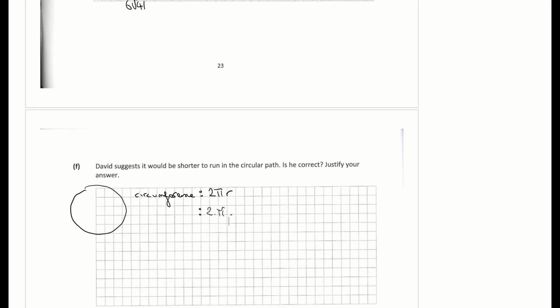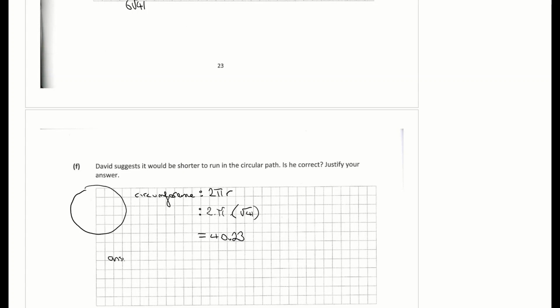Now the radius is the distance from one of the people to the center F, which is root 41. So when I multiply 2 by pi by root 41, we get, as a decimal, 40.23.